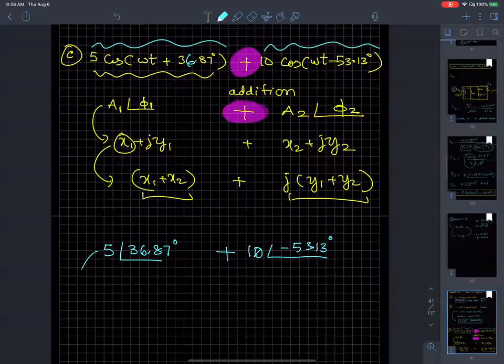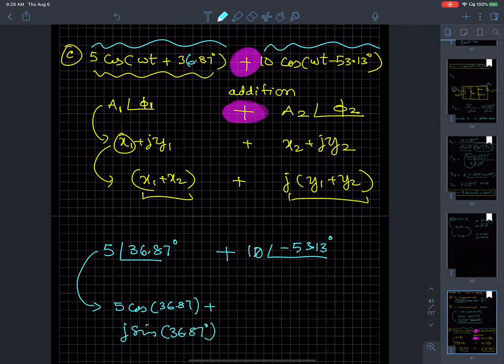So let's quickly convert them to rectangular form. Rectangular form is going to be 5 times cosine of 36.87 plus j sine of 36.87 degrees. That's the one on the left. Plus the one on the right is 10 cosine negative 53.13 degrees plus j 10 sine negative 53.13 degrees.